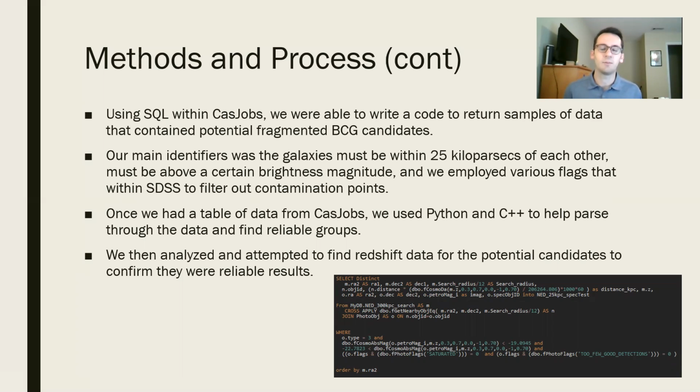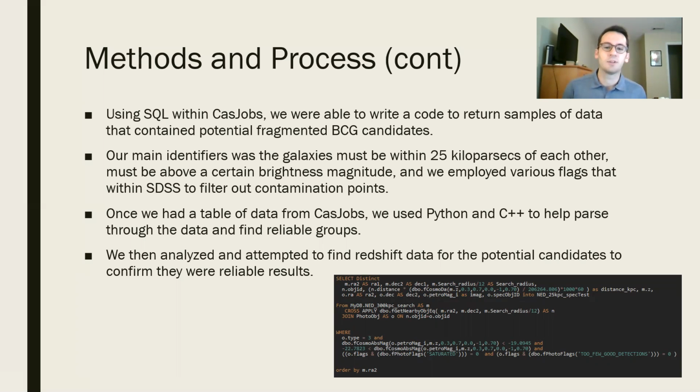Once we had all the data from CasJobs, again, we used Python and C++ to parse through it to find groups. We then analyzed the groups, and we had to attempt to find redshift data on our more reliable candidates, so that we can confirm that these galaxies are actually close to each other in relative space.